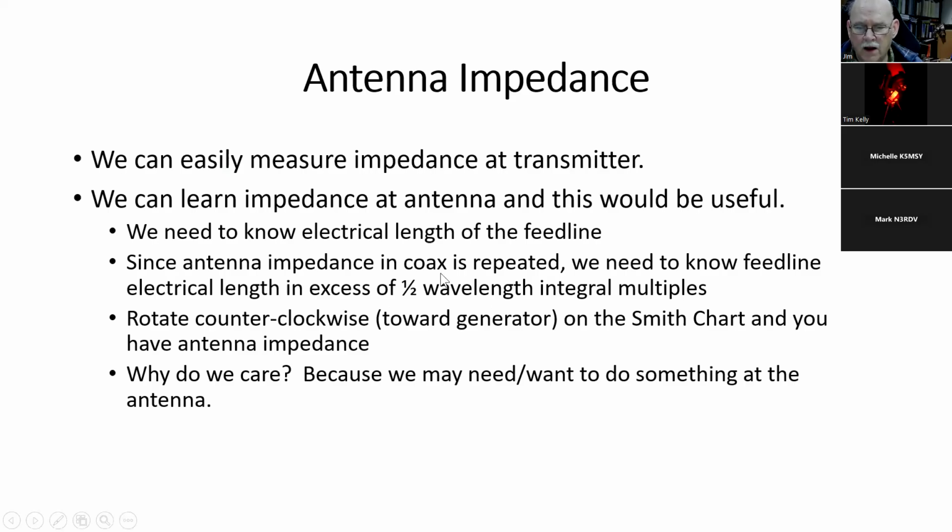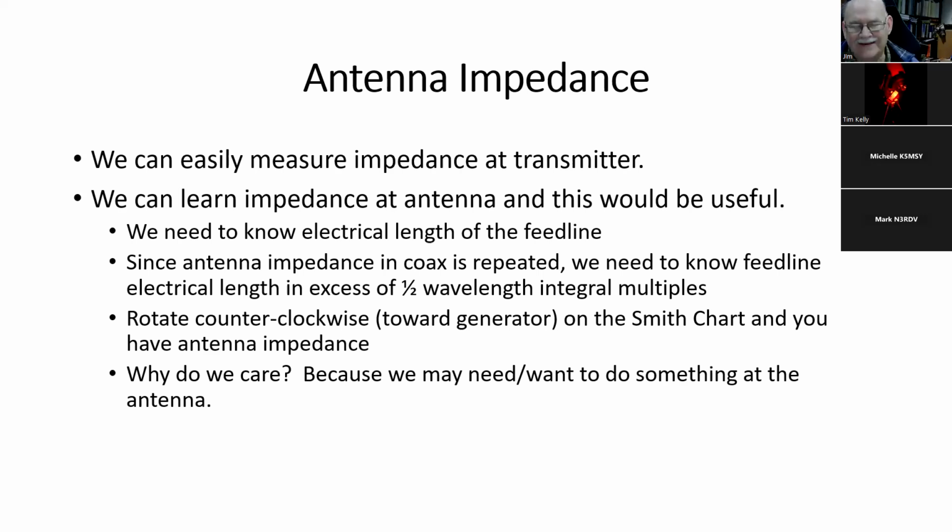Now, an important fact that most of us probably know, but may not understand as profoundly as we should, is antenna impedance in coax is repeated. So the impedance at the antenna on a piece of coax, a half wavelength toward the transmitter or a wavelength toward the transmitter or 1.5 wavelengths toward the transmitter or however many multiples of the half wavelength will be the same.